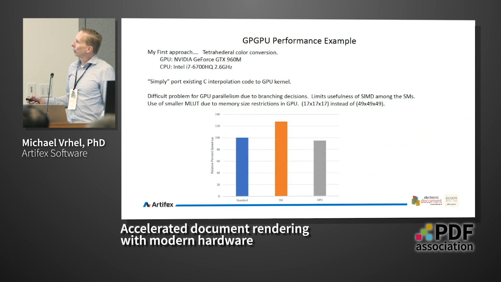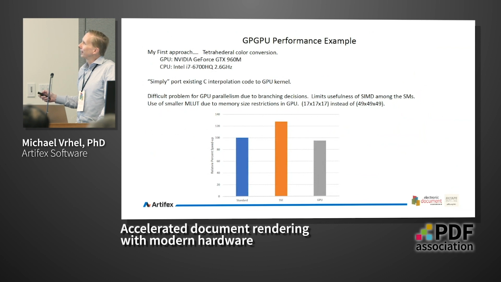Now, the difficulty, though, again, as I mentioned, for GPU parallelism, is if I've got branching decisions, and that's what occurs here in the tetrahedral color conversion. Another issue is that the GPU has a fairly small memory, and Ghostscript tends to use very large multidimensional lookup tables when doing color conversion, size 49 by 49 by 49.